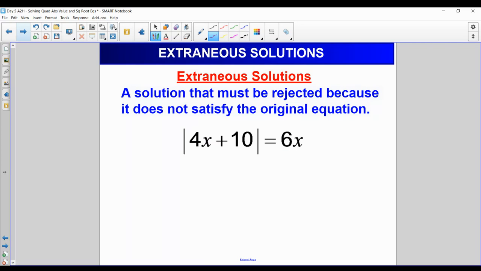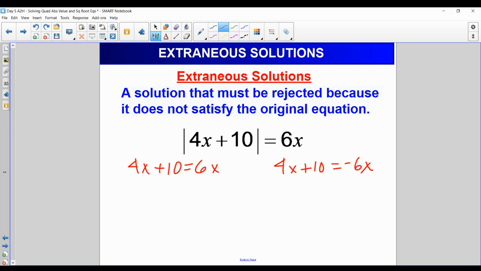Okay, this is what I was talking about. It is important to check your solutions because when solving absolute values, you can get what is called an extraneous solution. You get that solution when you solve it, but it does not work when you plug it back into the original. So if I look at this, I'm going to have 4x plus 10 equals 6x, and I'm going to have 4x plus 10 equals 9 minus 6x.